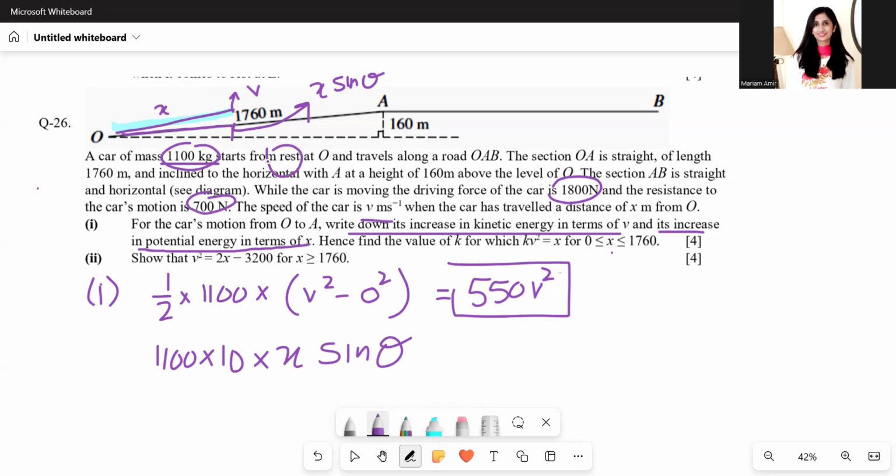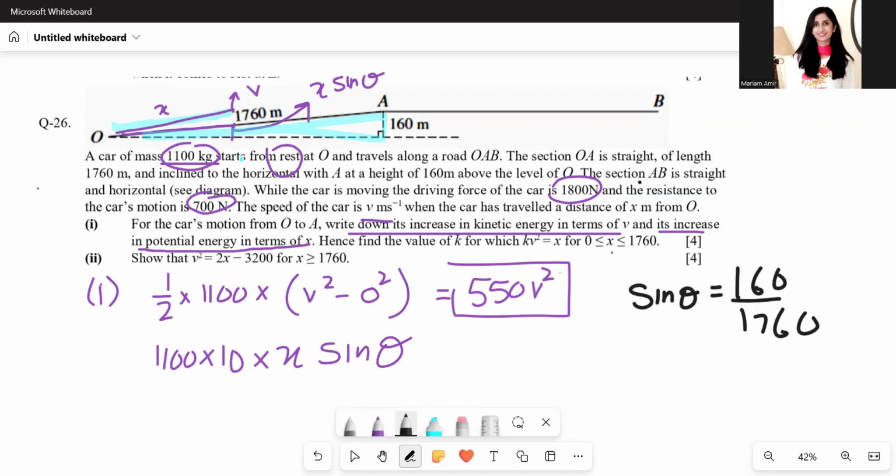Sine theta can be found using this triangle. Sine theta equals 160 over 1760. Simplify this, let's see what we get.